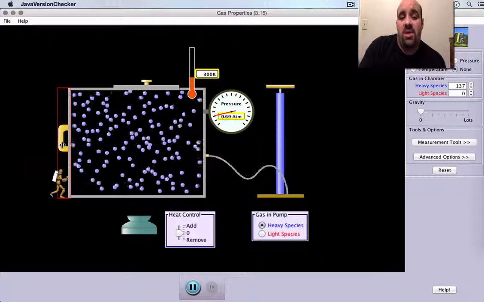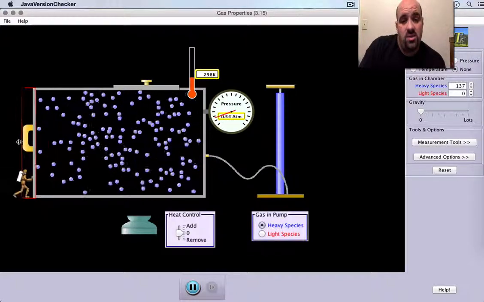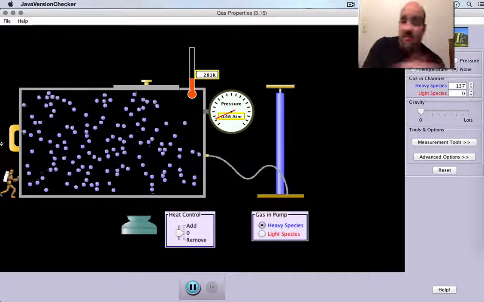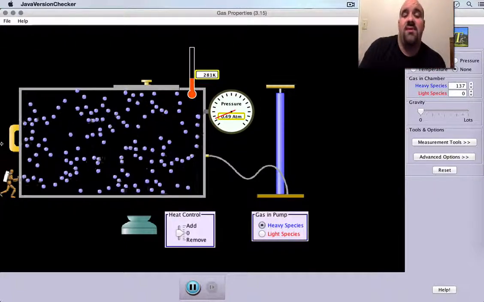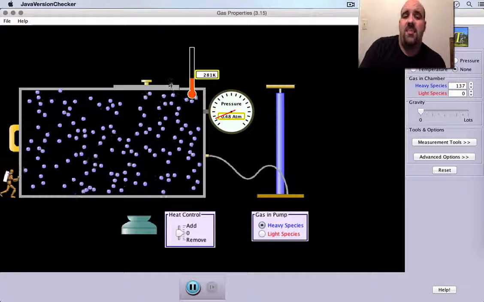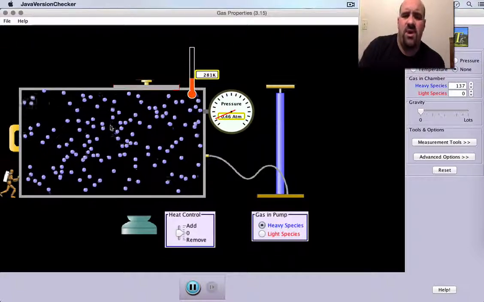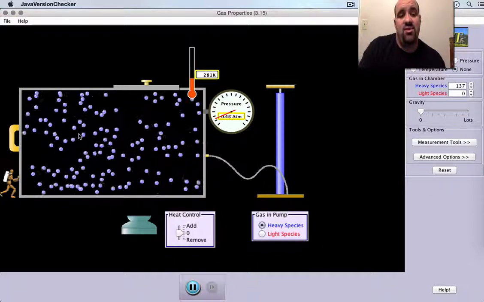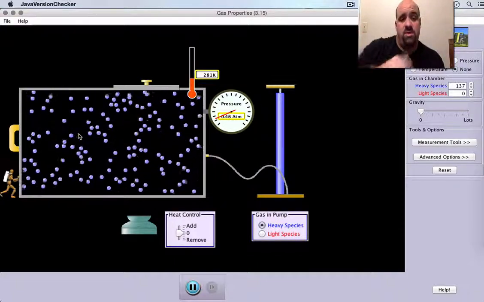So I believe pressure should reduce, and it is. It's going down. These particles have to travel further back and forth to collide with the sides of the container. So where temperature is constant, increasing volume decreases pressure.